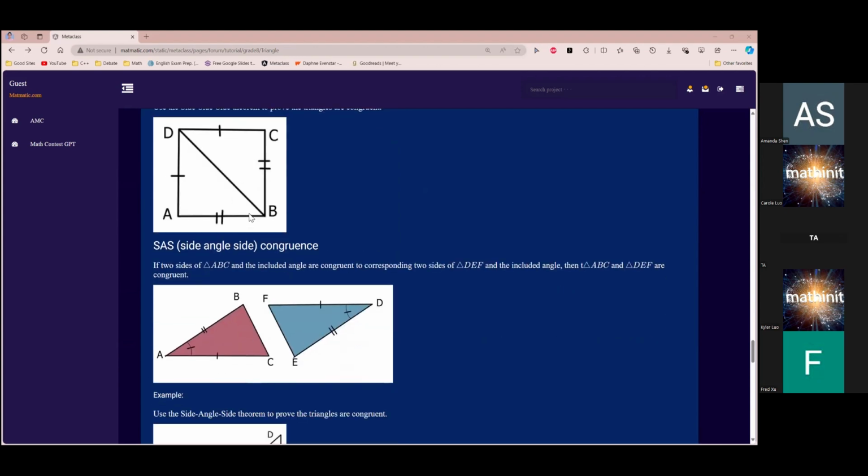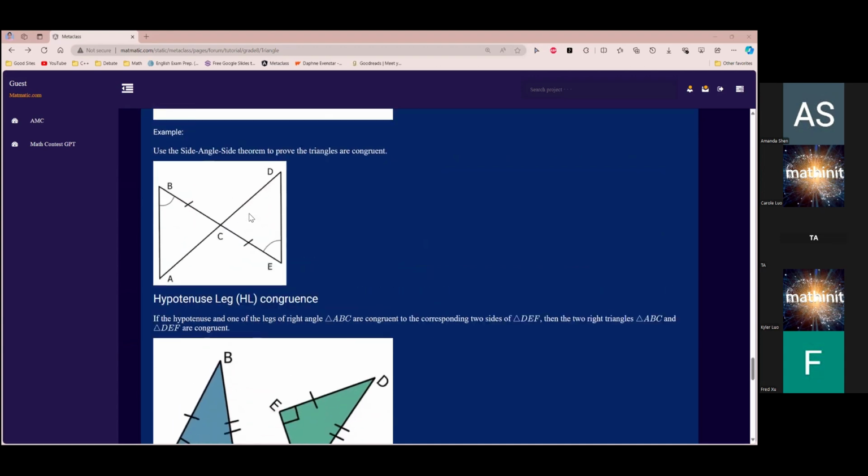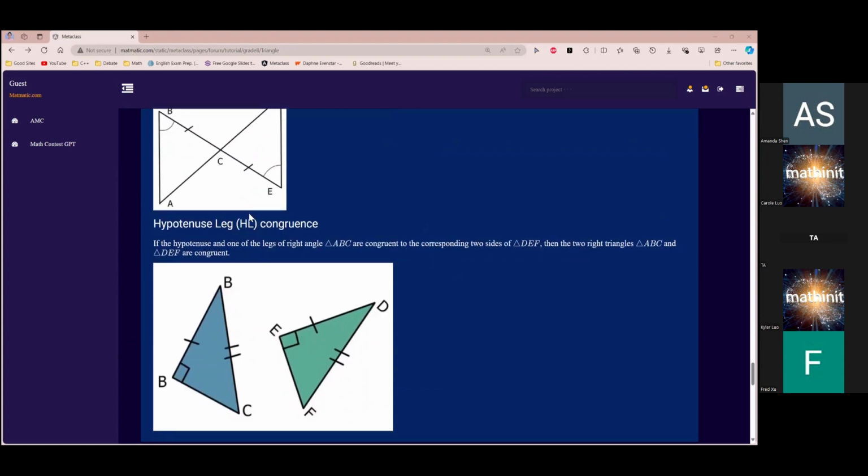And then the other type of congruence is side-angle-side congruence, which is where there are two sides that are the same and one angle that is the same. So through that, you could also know that the angles of the triangles are congruent. There's also the hypotenuse-leg congruence, where there's always going to be one right angle that's equal.